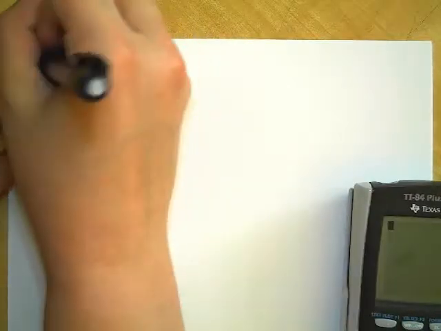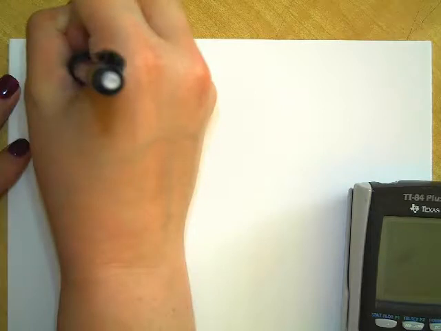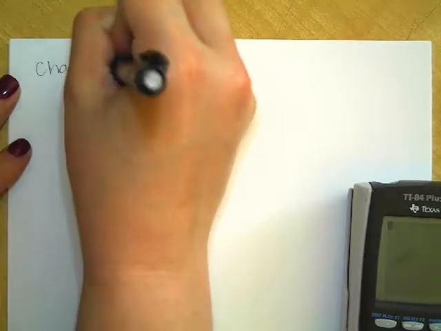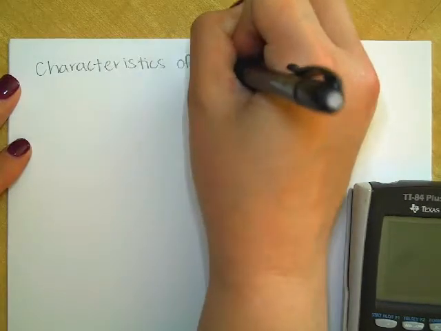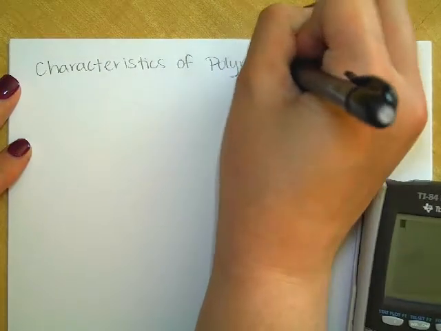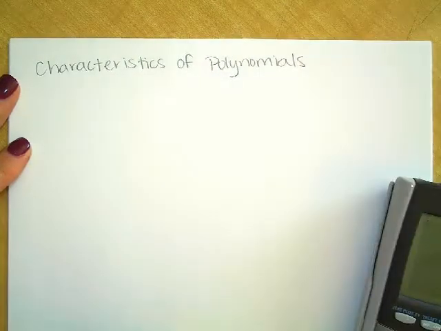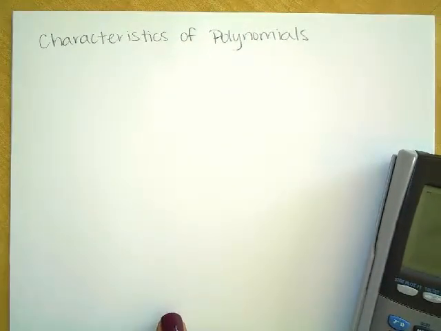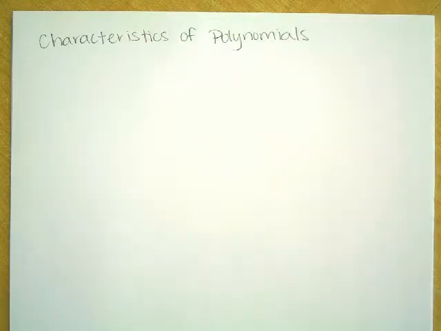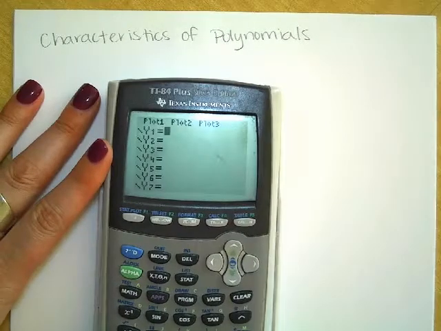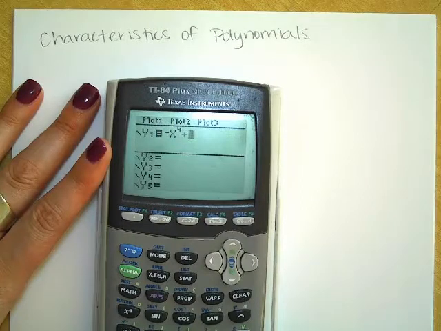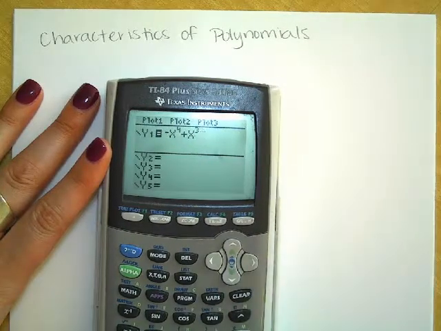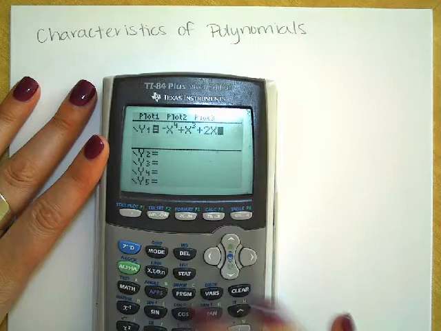Yeah, you were going to write characteristics of polynomials. Characteristics of polynomials. And we are going to type negative x to the fourth plus x to the third plus 2x to the second.